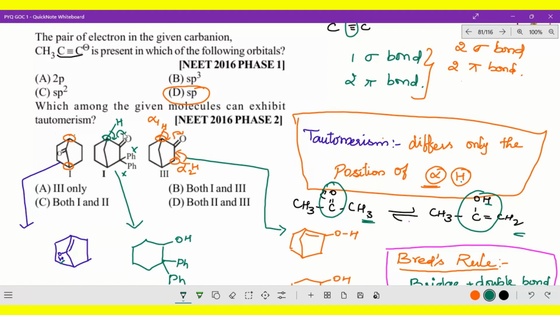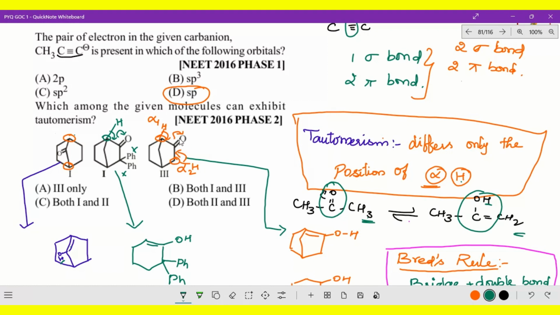So here only you will find the alpha hydrogen. So where it goes there also, what will you get here? You will get the double bond over here, and then OH. So naturally, this compound is what you will get. And the third compound, see, there is no phenyl group, nothing, only a cyclohexagon bridge compound is there, and a double bond outside.